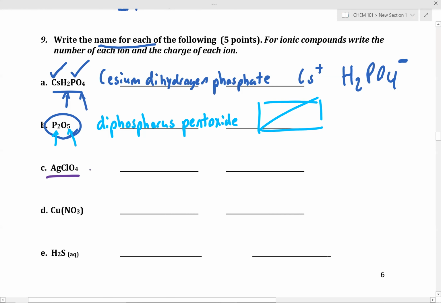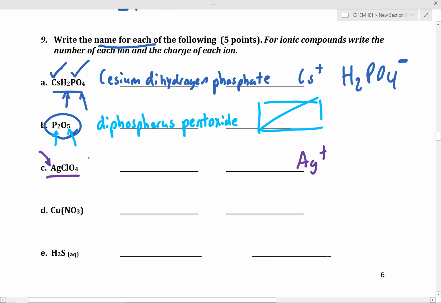So AgClO4. Do we have a transition metal at play? Yes. Is this silver your typical transition metal? No. What's so special about silver? Fixed charge. Yep. Silver, you'll always just see Ag+.